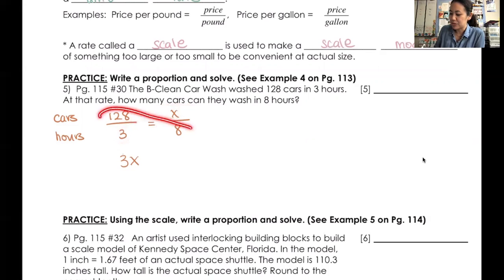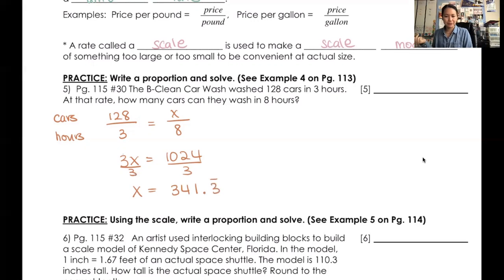3x is equal to 128 times 8, which is 1,024, I believe. Let me double check that on my calculator. I did that too fast. Oh, nope, that is right. And then divide both sides by 3. And that gets me 341.3 repeating, and 1/3.